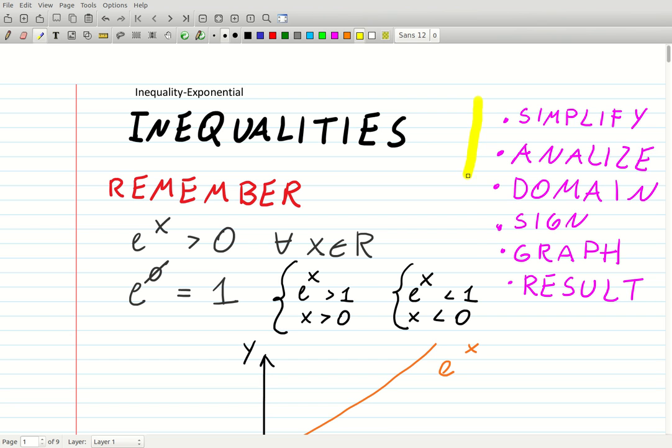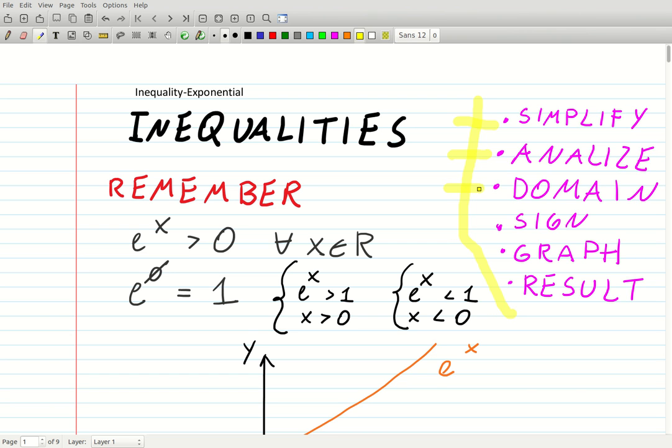A little look at our fundamental points. As you already know from my other videos, when we want to solve an inequality, we have to follow some steps: simplify, do some calculation, some maths. After that we have to analyze our function to find out what the pieces of our inequality are. Analyzing our function means cutting it into pieces.